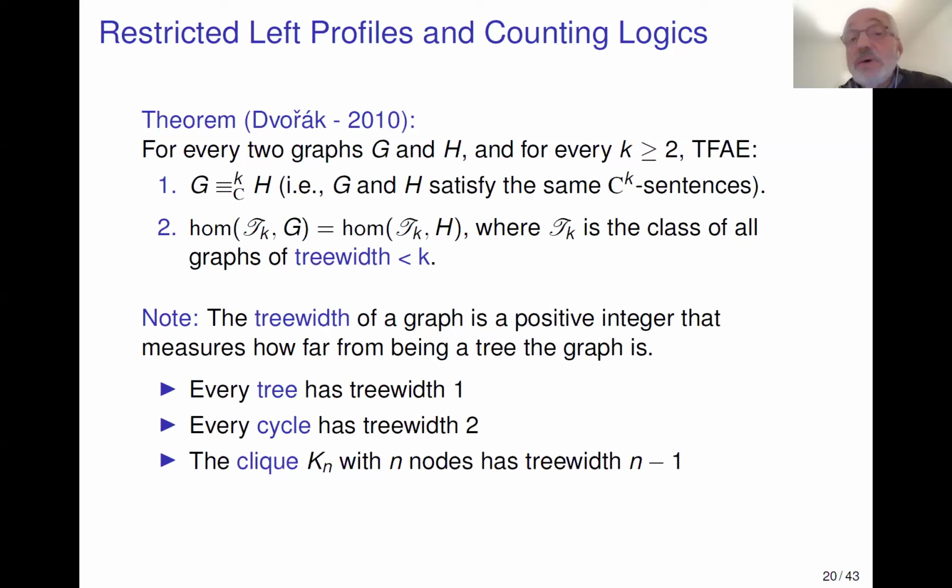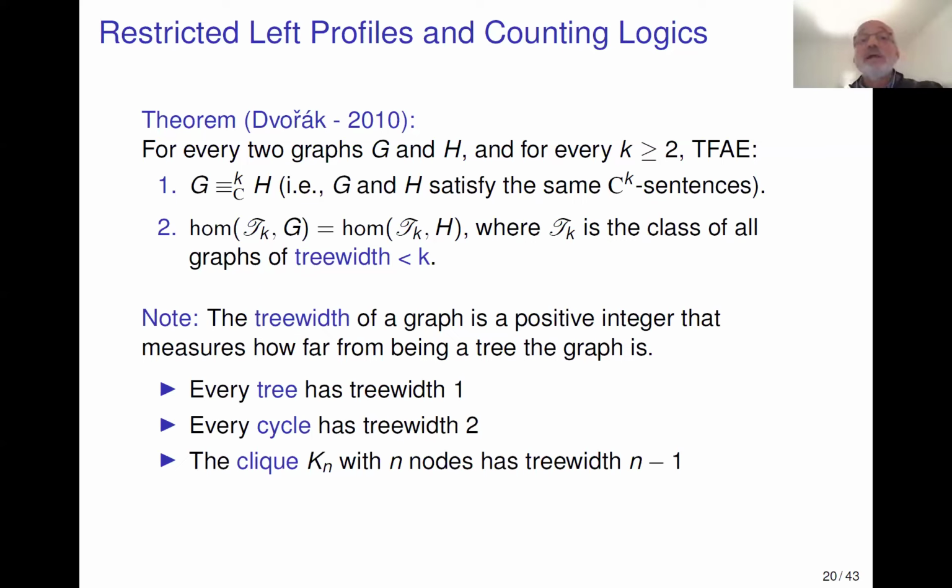Here is one of the many corollaries of this result combined with what I told you before. I give you two graphs and I ask, do they have the same left profile with respect to the class of graphs of tree width less than k? This problem is in polynomial time. Why? By Dvořák, it is equivalent to indistinguishability in counting logic with k variables.